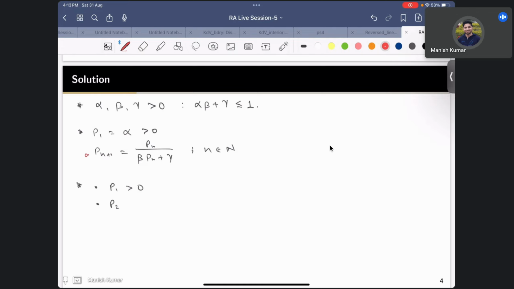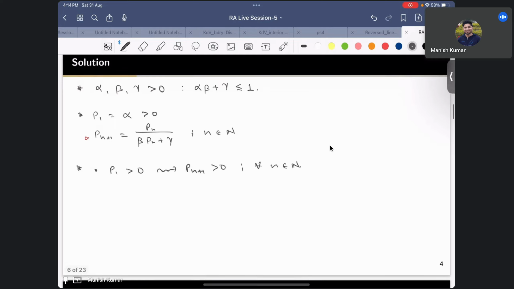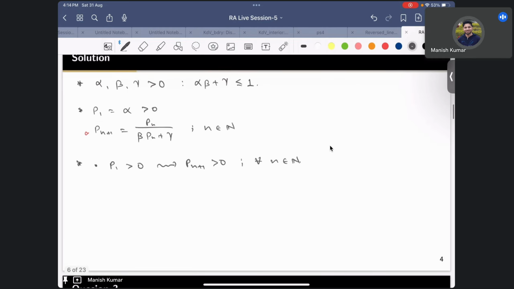If I use the definition, you can directly say that Pn plus 1 is greater than 0. There is nothing to write. So P1 is greater than 0, and from here you can say that Pn plus 1 is greater than 0 for all n belonging to N. You can even prove it by induction, but it's obvious here. So all the terms are positive, so this is a sequence of positive real numbers. That is the first thing.